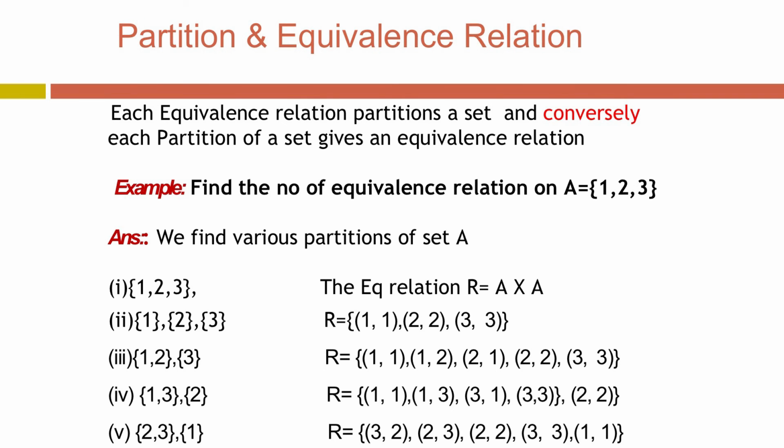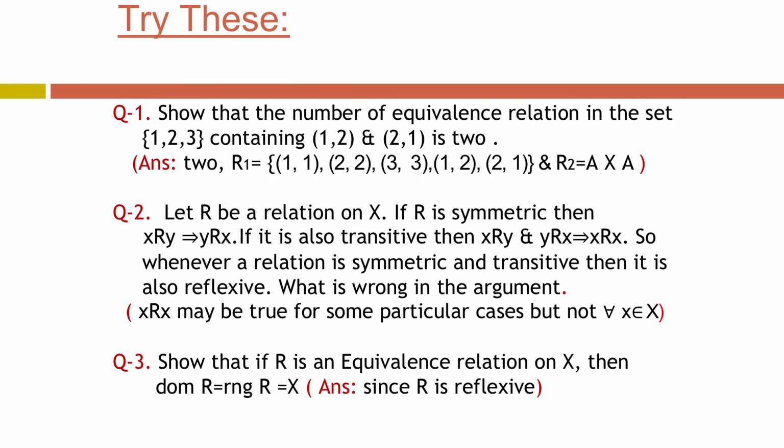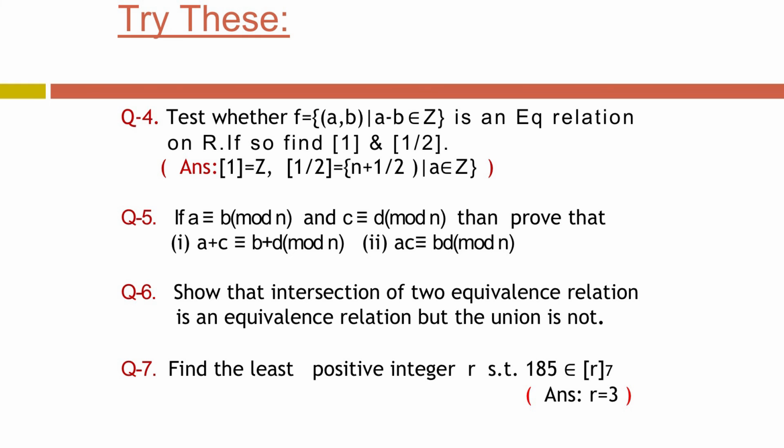The number of equivalence relations on this set, and question 2: equivalence relations on this set 1, 2, 3 containing 1, 2 and 2, 1 is 2. So, other problems are there, you try these problems, up to 7, there are 7 problems for the homework. You try your other problems in your textbook and if any doubt you can ask me.